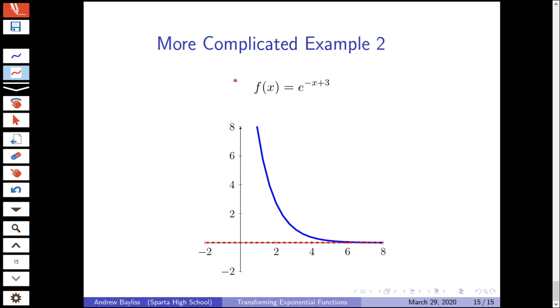Second one, this is one that's really difficult for most students. We see this plus 3 here and we think, oh, it should end up over here on the left at negative 3. Well, the problem is that you have to first shift left 3.